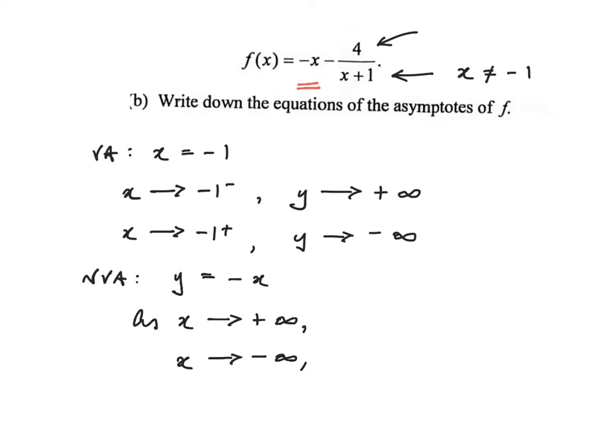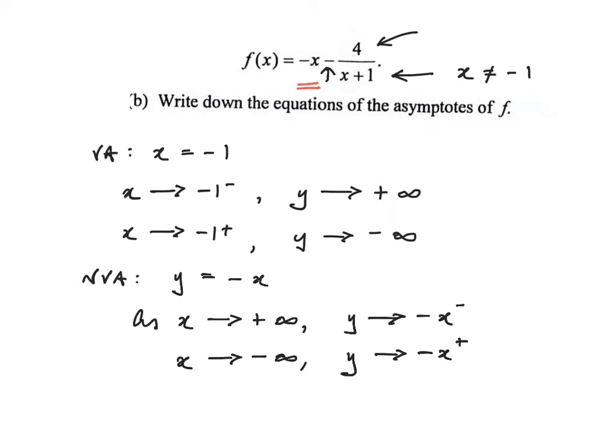So as x tends to positive infinity, well, we have y tending to minus x from below. That's because of this negative sign here. So when x tends to negative infinity, y will tend to the asymptote, but this time from above.